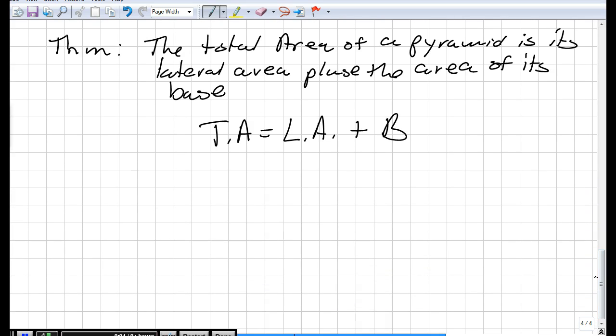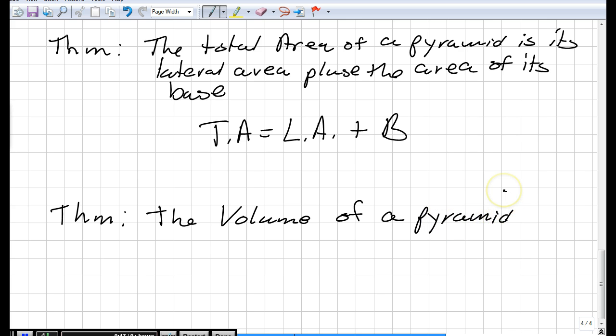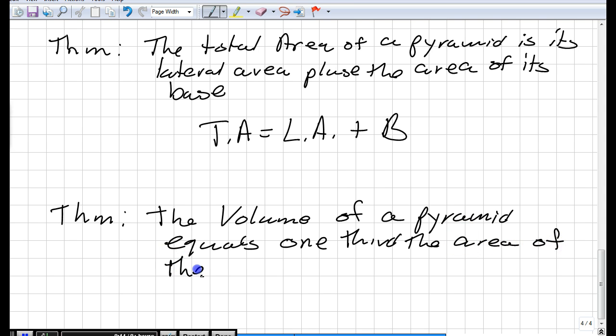And our last theorem is for volume. The volume of a pyramid equals 1/3 the area of the base times the height of the pyramid.